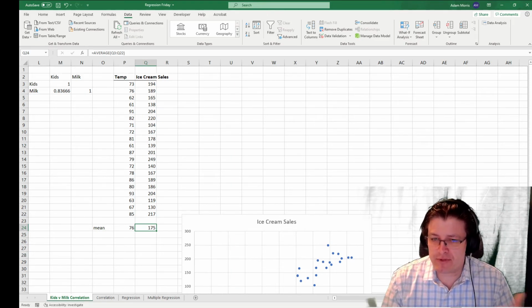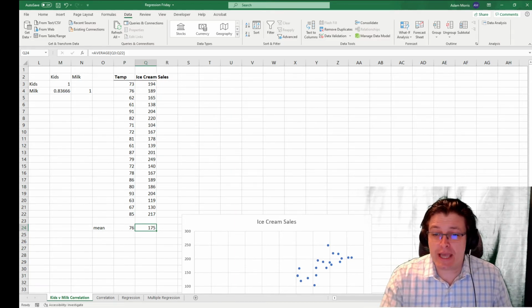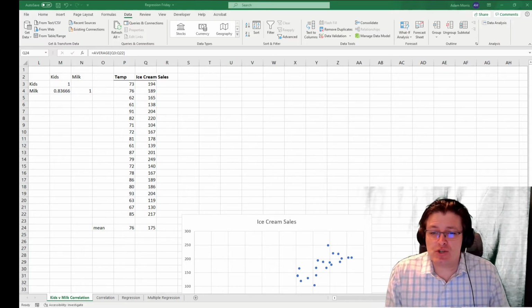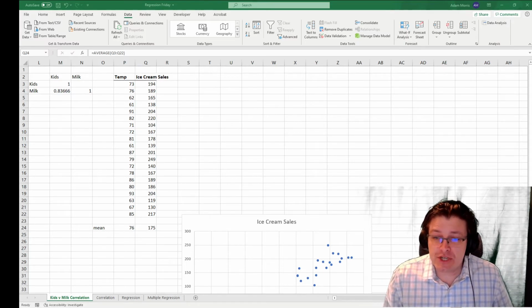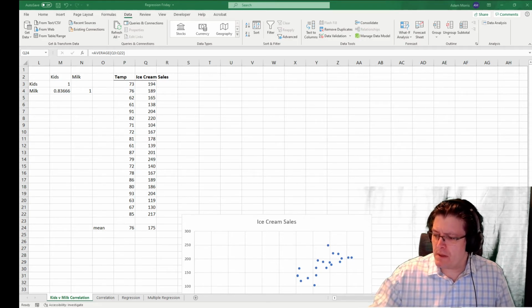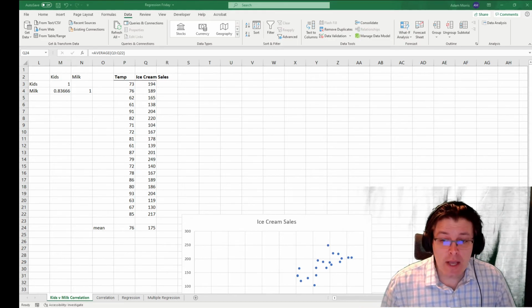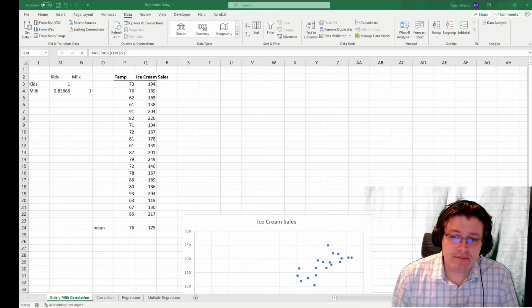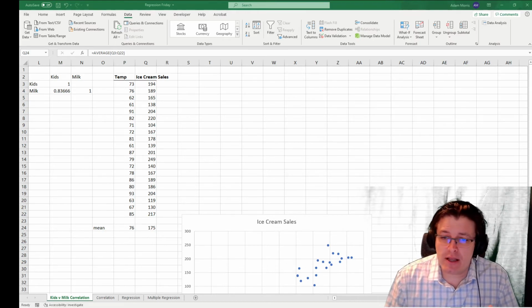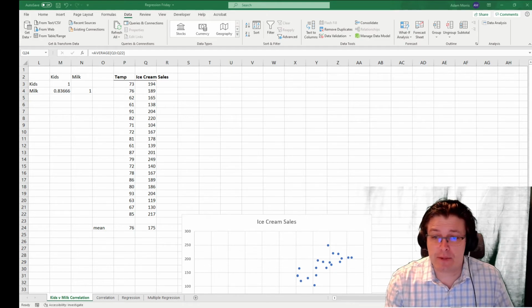Now, that might be a reasonable assumption, but we don't actually care if temperature is the driving force. We just want to know if we can better guess how many ice cream sales we're going to have. Okay, so without the temperature information, our best guess is that any day we're going to sell 175 ice cream cones. So can we do better with this added information? So I've plotted the data here.